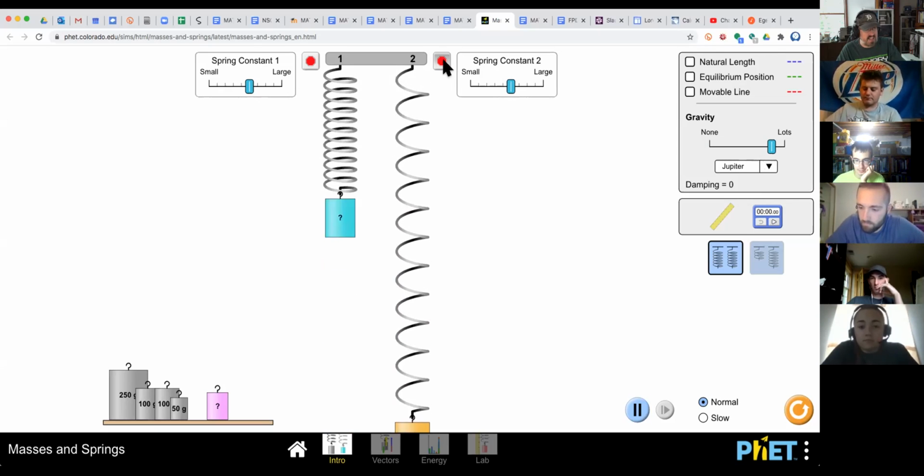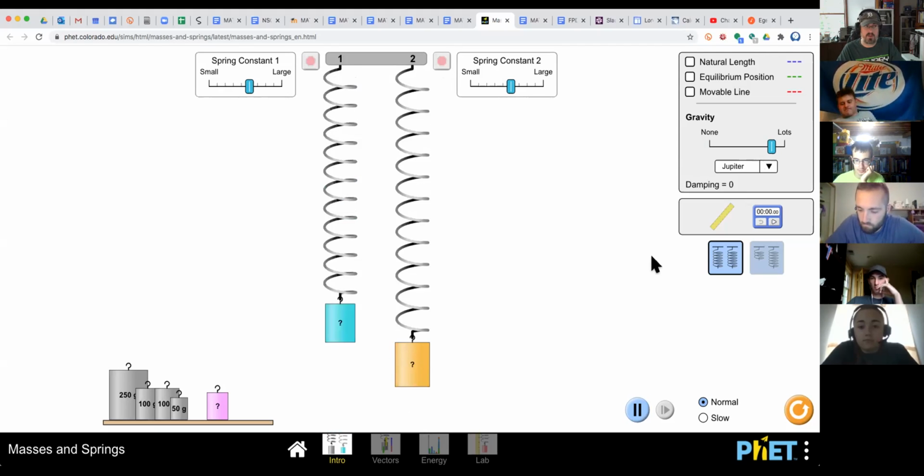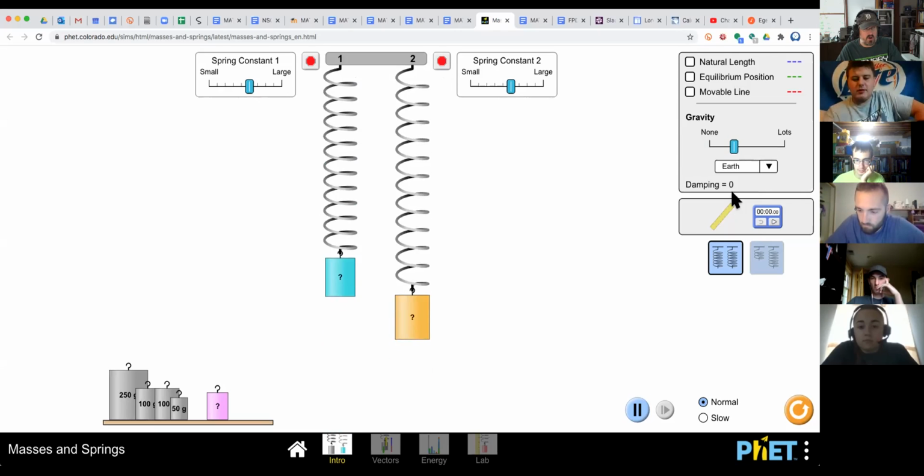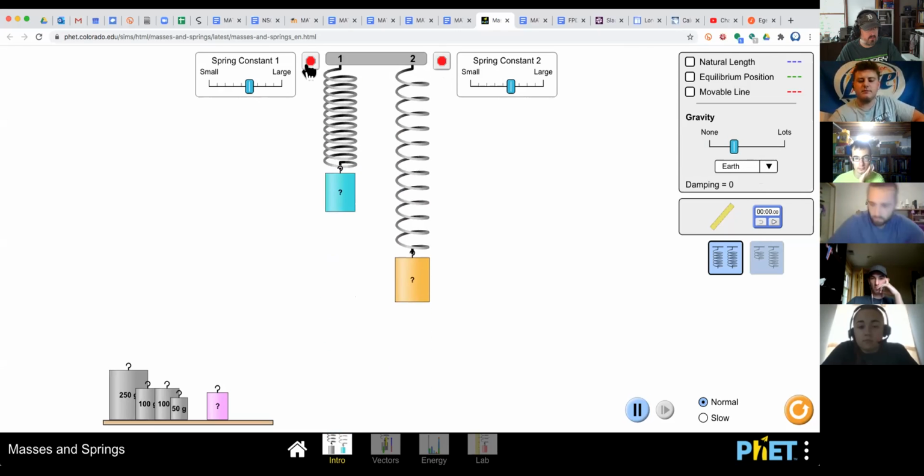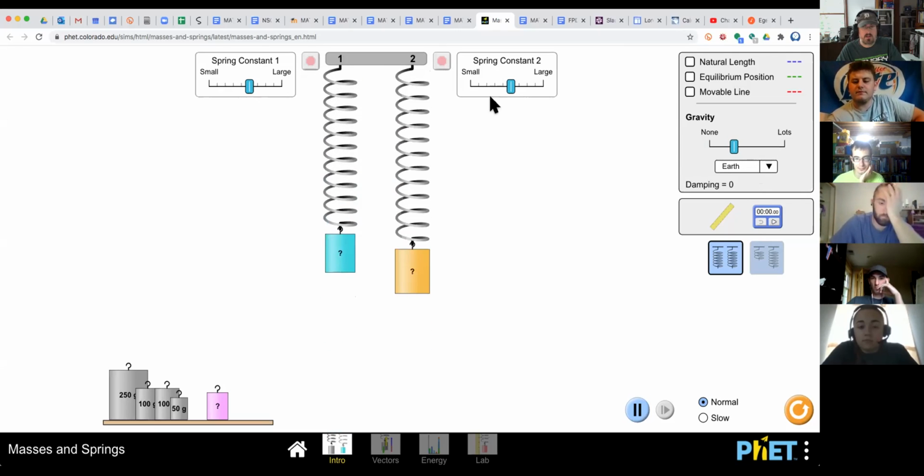And by the way, I can stop these and put them into their equilibrium state. If I'm on Jupiter or Earth, stop. You'll notice that the equilibrium position is different depending on the gravitational field that you're in. Is natural length the length without a mass?